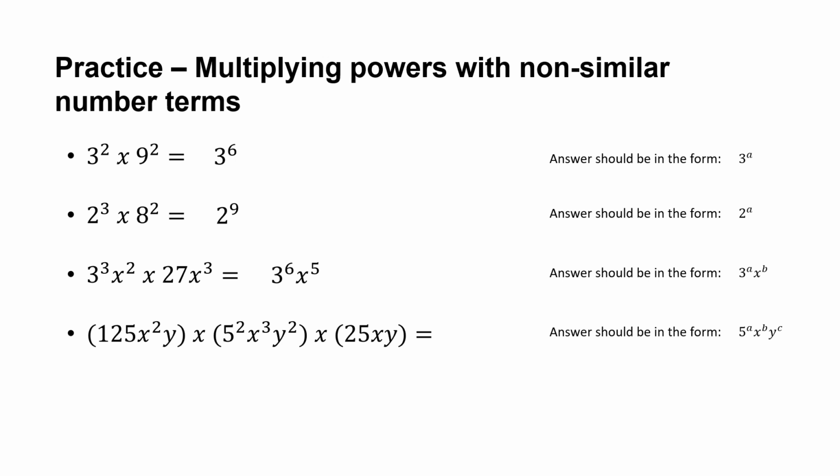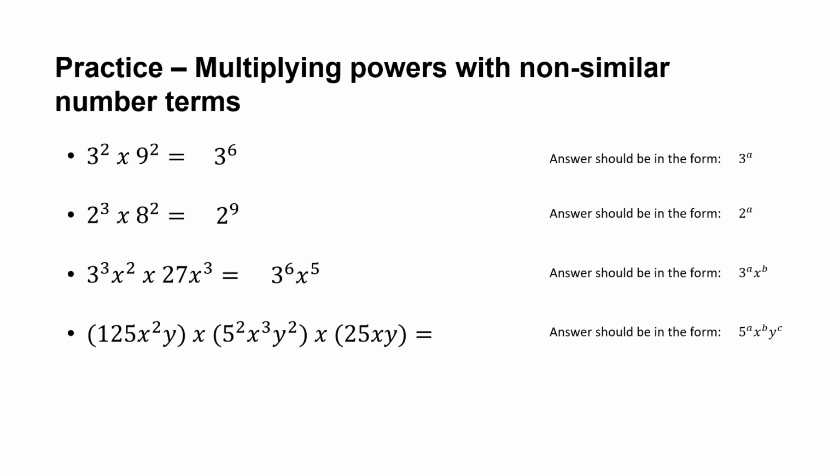For this last one, I've put each part in brackets just so it's clear which x's are multiplying and which are actually terms in the question. So we have 125x squared y multiplied by 5 squared x cubed y squared, and this is multiplied by 25x y. So here we have a few different number terms. We have 125, 5, and 25.